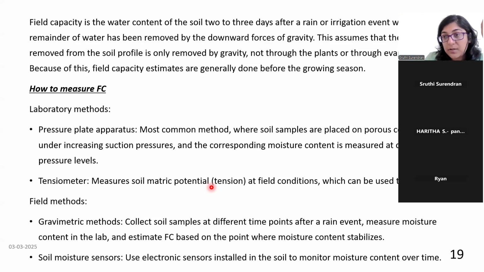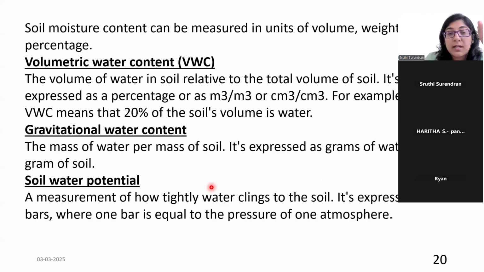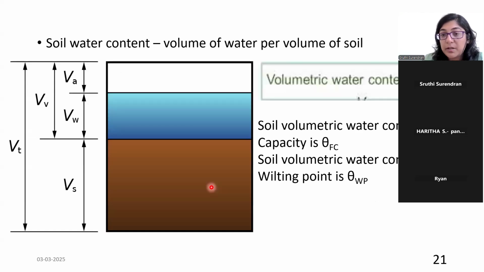So at the end of the day, it is all the water content or the fraction of the water content that is obtained. And we will be using the volumetric water content. Soil volumetric water content is the volume of the water present in the total volume of the soil.